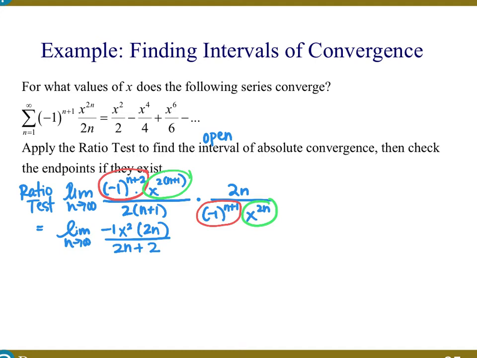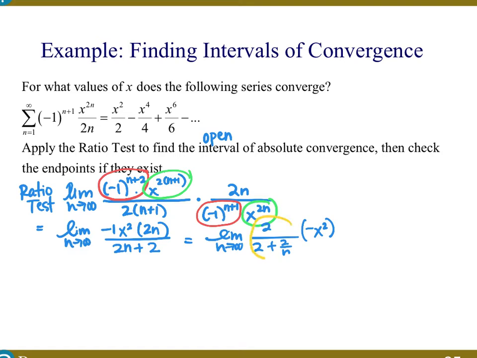As n approaches infinity, we can divide through by the highest power of n. So I'm going to have the limit of 2n over n, so if I divide, that's 2 over 2 plus 2 over n, and then I still have -x squared.